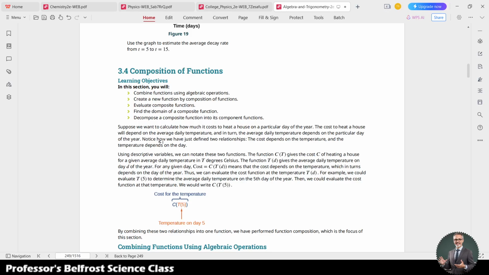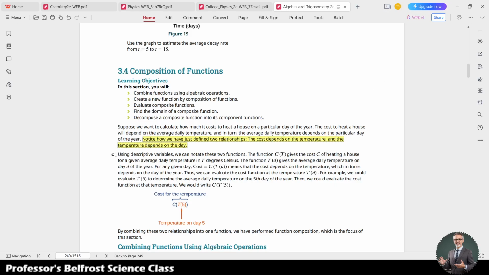Notice how we have just defined the relationship: the cost depends on the temperature, and the temperature itself depends on the day. This is our beginning of the discussion on composition of functions, because it means that one variable depends on other variables.